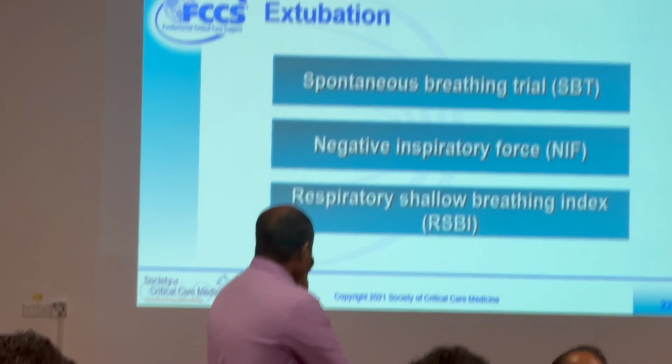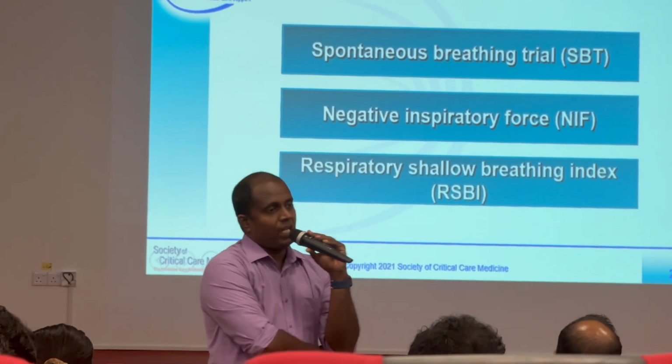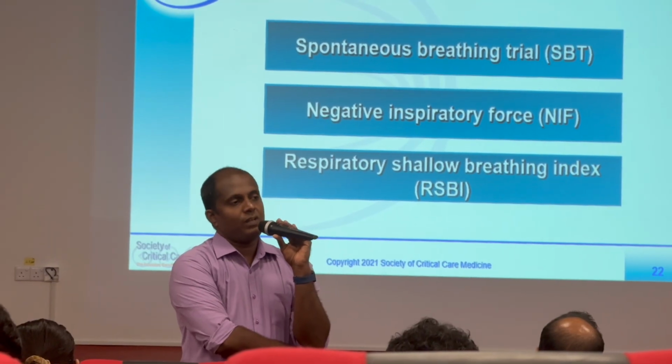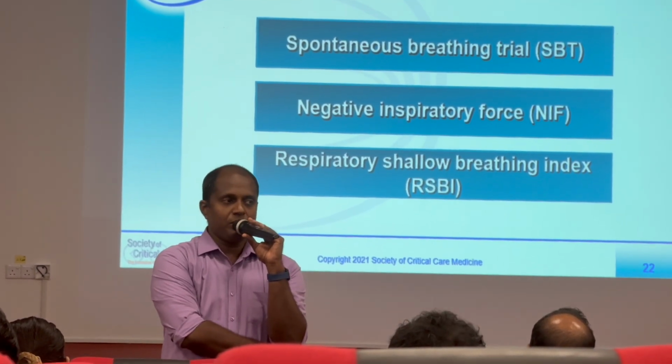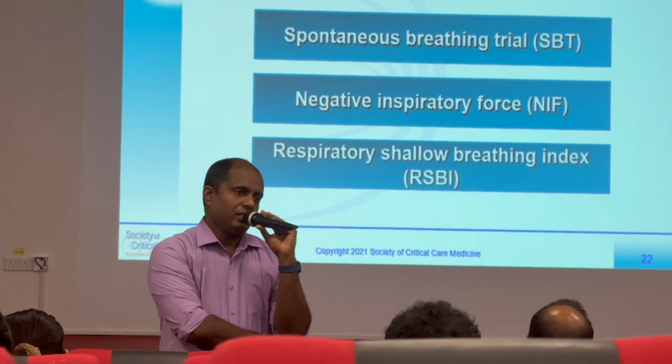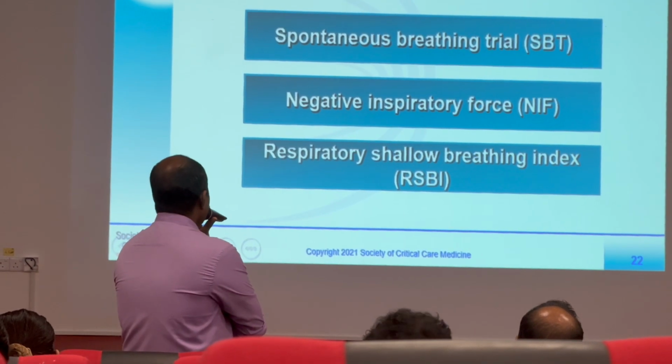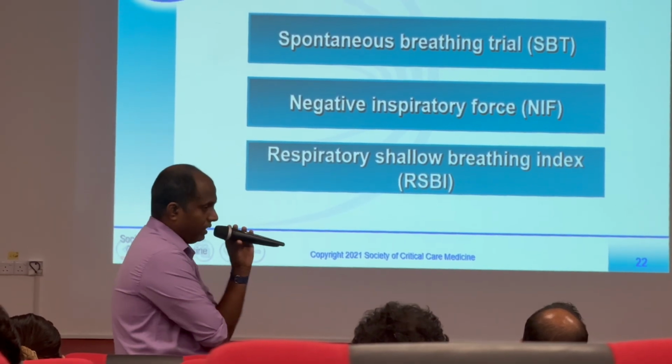A higher number means faster, smaller tidal volume. A lower number means larger tidal volume and a smaller rate. This is about the rapid shallow breathing index.